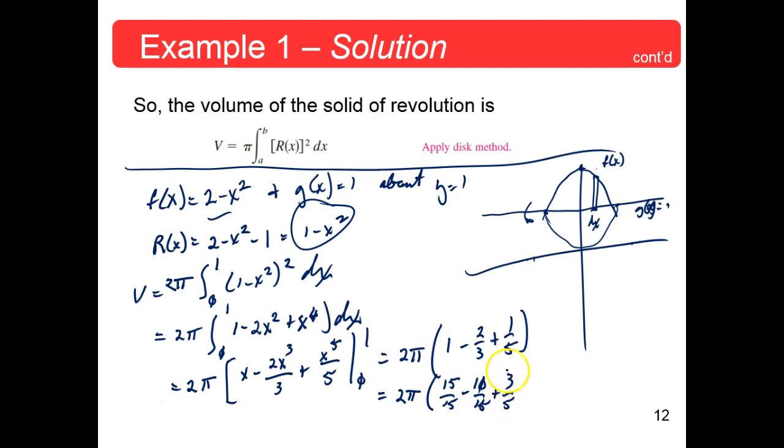So that's 8 fifteenths, and double that and you have 16 pi fifteenths. I think that's what we get. Let's see. Yep, 16 pi fifteenths.